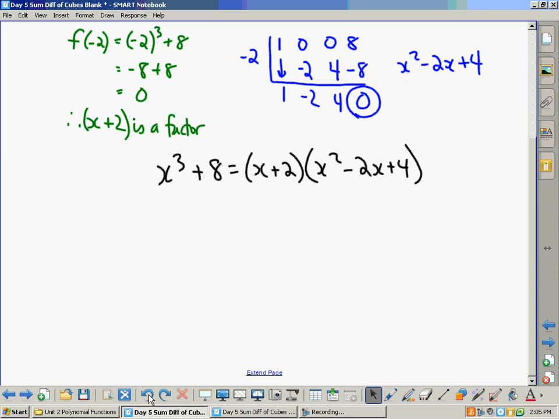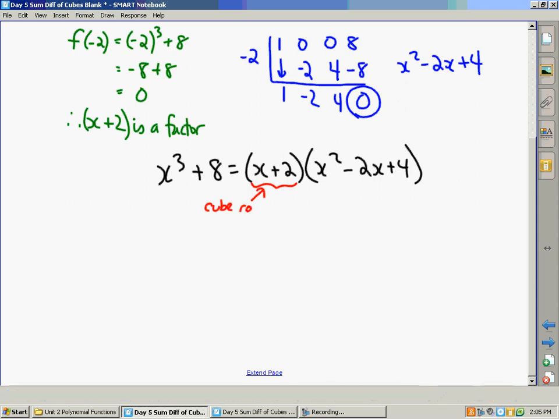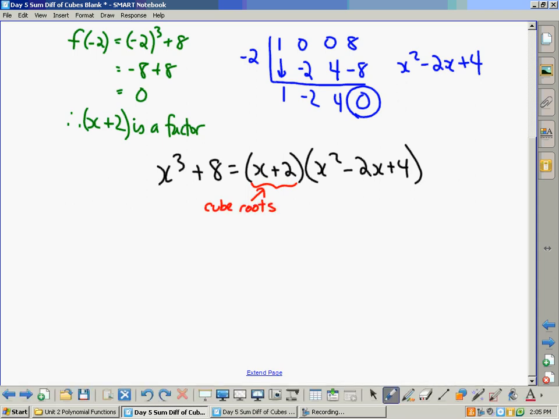Okay, so if we look at this, the beginning I think is pretty straightforward. These numbers come from the cube roots of both numbers.